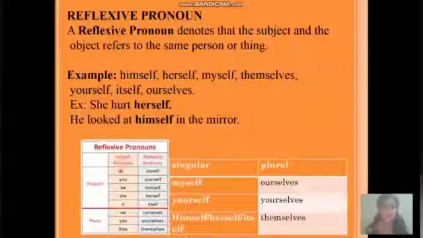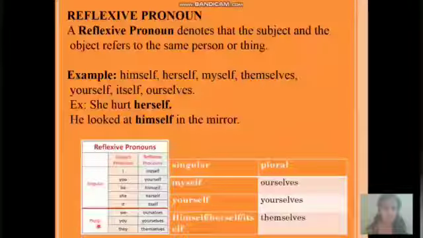So look at this tabular column. If I is the subject pronoun, myself is the reflexive pronoun. You becomes yourself, he becomes himself and she becomes herself. It becomes itself. So all these are in singular form, and these reflexive pronouns end with self.